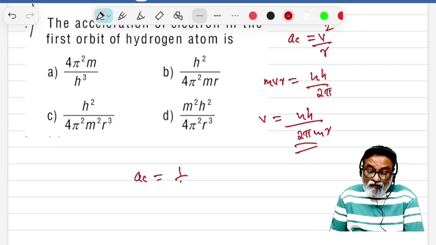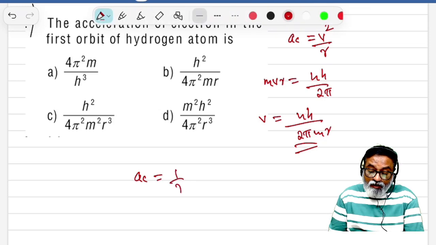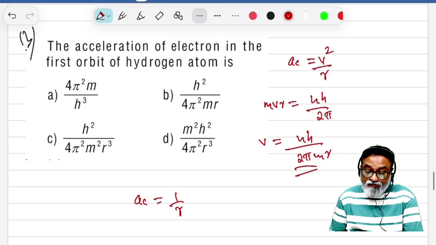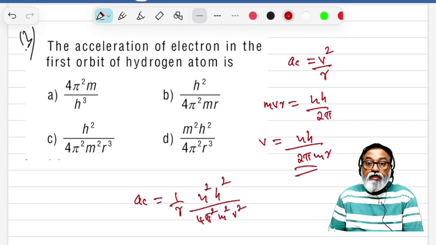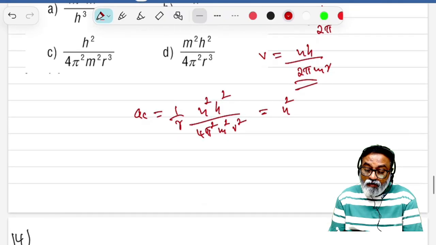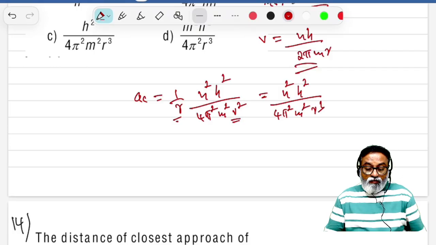Therefore, AC is equal to 1 by R into V square. V square means N square H square by 4 pi square M square R square. This becomes N square H square by 4 pi square M square R square into R cube.